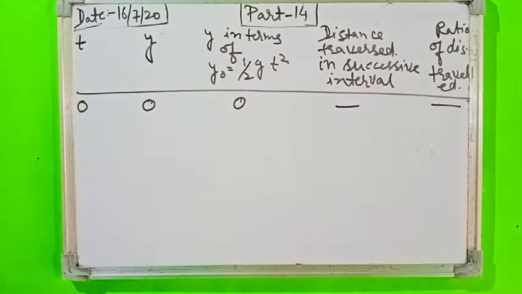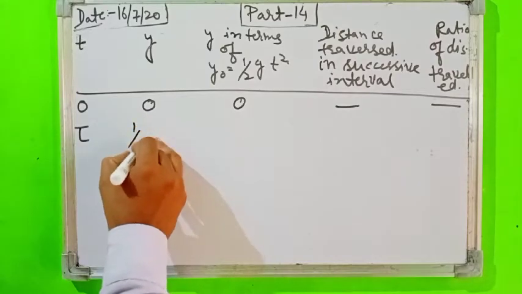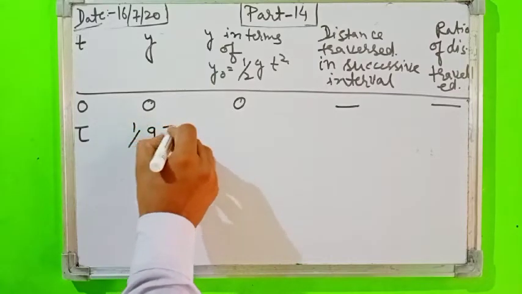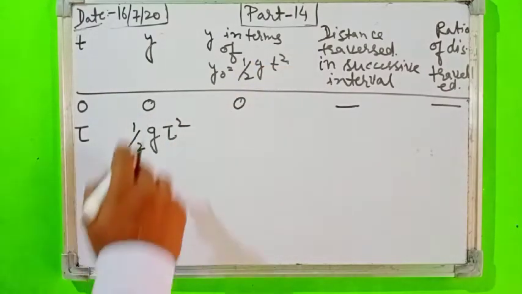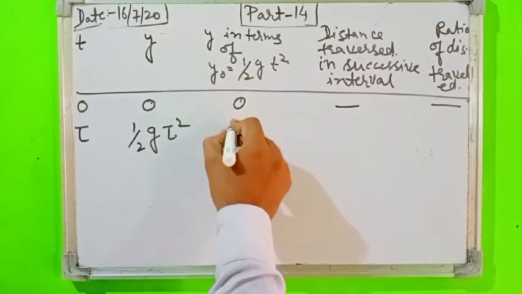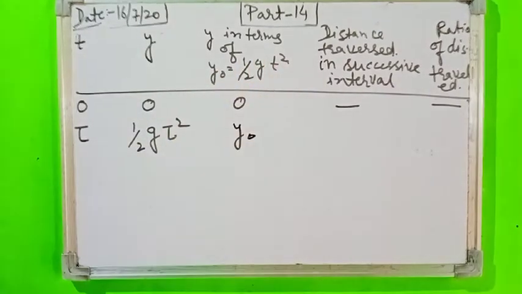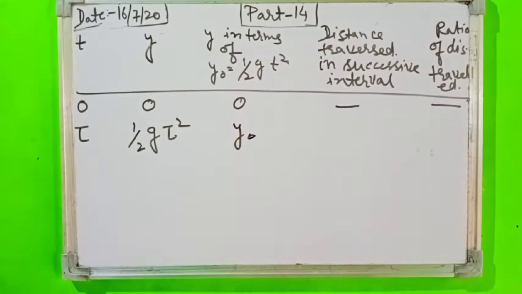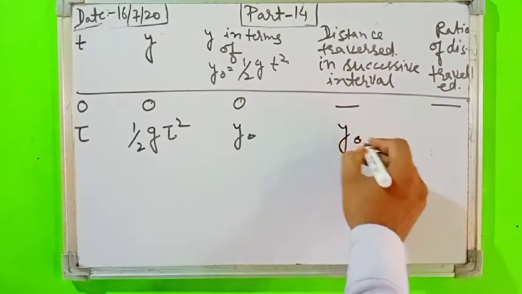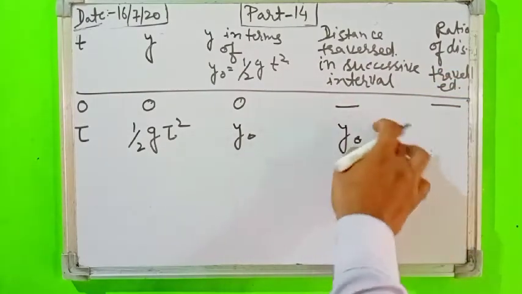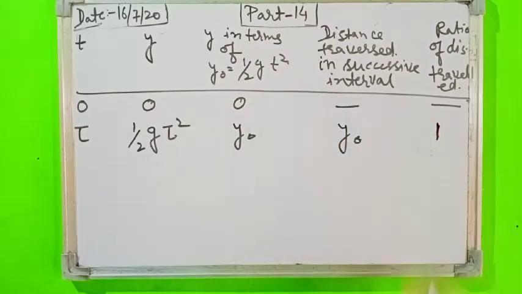Now when the time interval becomes tau, y is equal to 1 by 2 g tau square, which is y naught. The distance is also y naught, and the ratio is equal to 1.